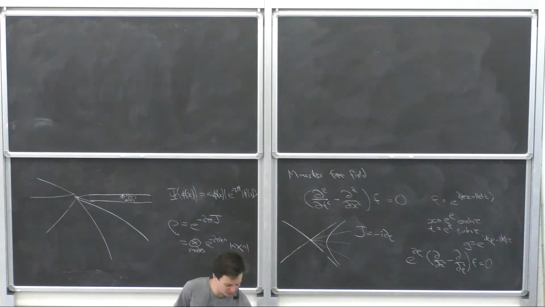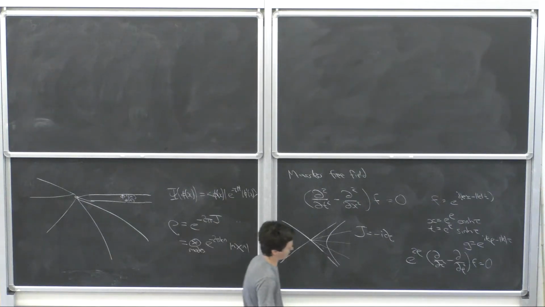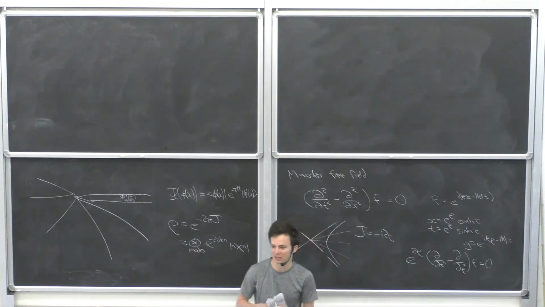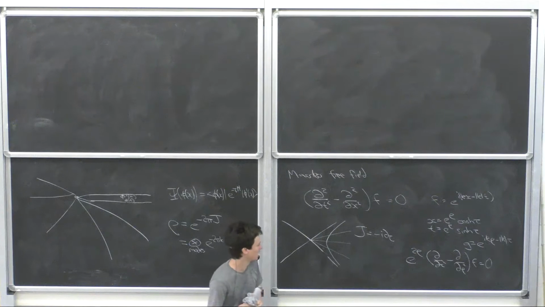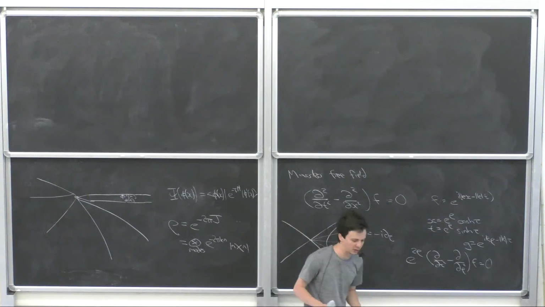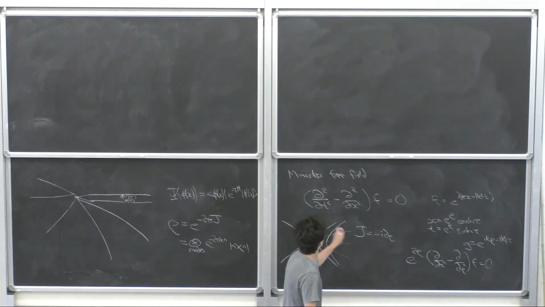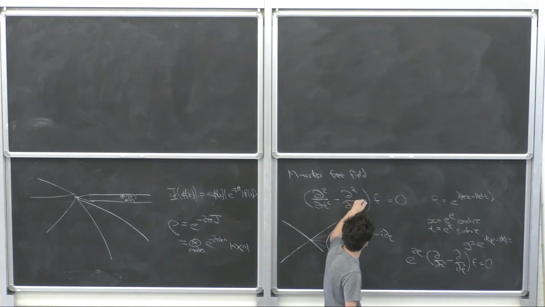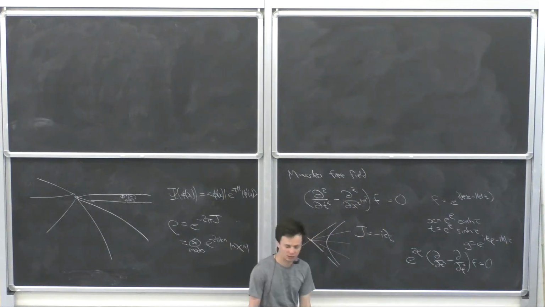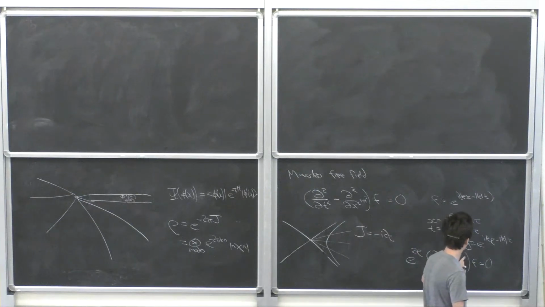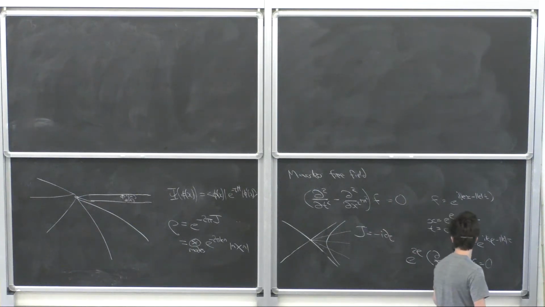I want to emphasize that it was really something special about a massless free field that meant the Klein-Gordon equation stayed unchanged when we went to Rindler modes. In fact, it's because the massless free scalar field is secretly conformal, and we were secretly doing a conformal transformation. In particular, if I did instead the massive Klein-Gordon equation here, then I get an m squared term here. But because I have this e to the 2 rho out the front, I would get an m squared e to the, I think this should be a minus 2 rho, e to the 2 rho.